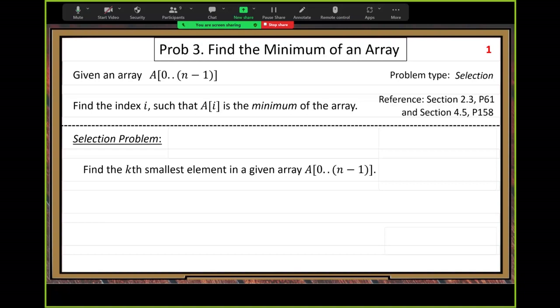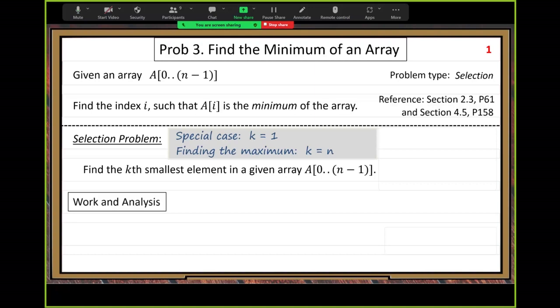In this version, k equals 1. The minimum is the first smallest element. Maximum is k equals n, the nth smallest, that is the largest.